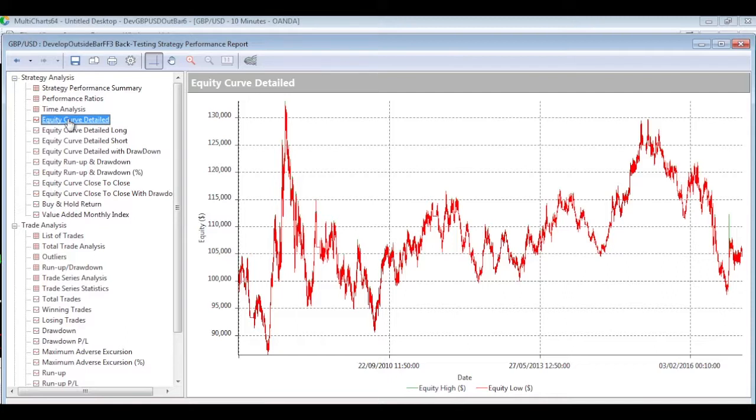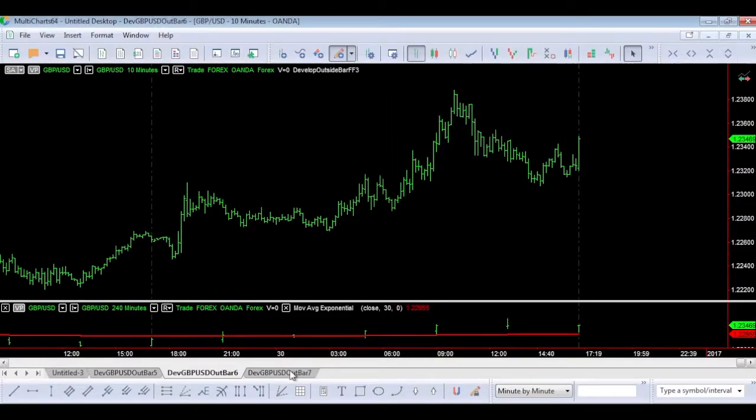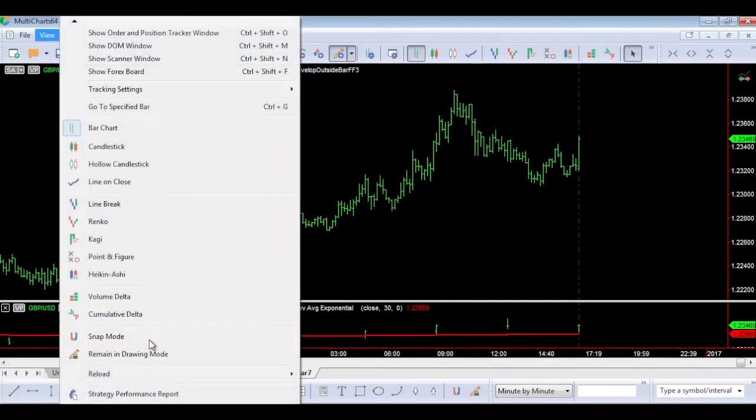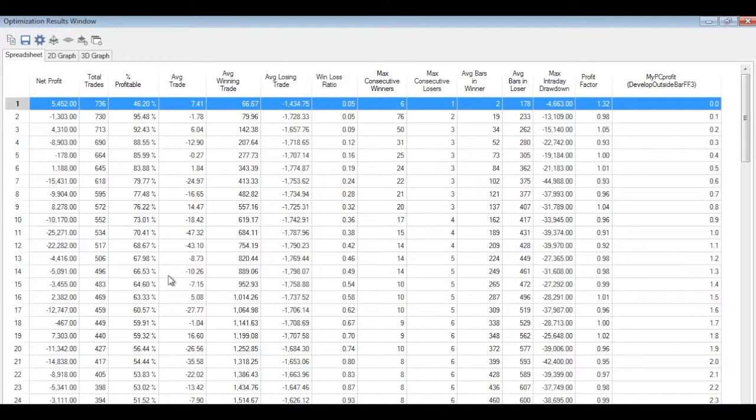Now I'm going to go back to looking at the profit, looking at optimizing the profit target level, and see if anything good jumps out at us there. And here's the optimization report, checking these profit levels.